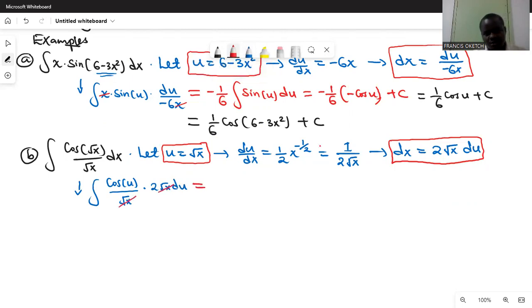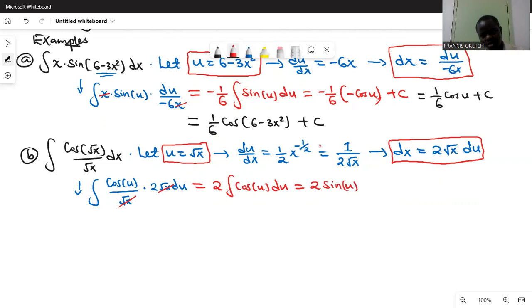So we now talk of the integral. Of course 2 is a constant, so we write 2 outside, then times the integral of cos u du. What did you differentiate to get cos u? It was sine u. So when you integrate cos u, you get sine u. So this answer will be 2 sine u.